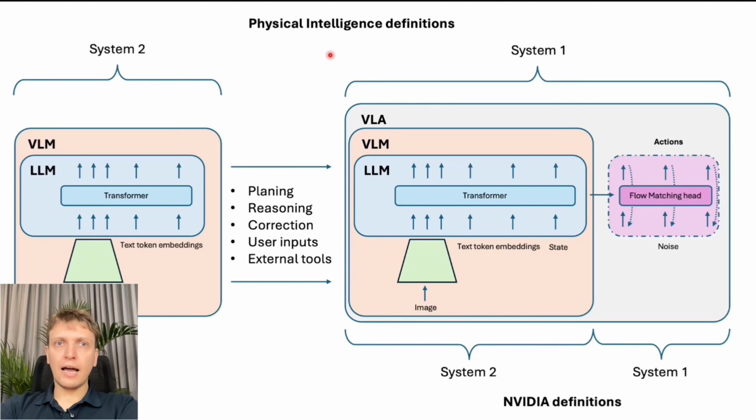Saying that, as far as I understand, based on the NVIDIA demos and some presentations, they do internally have something very similar to what I call system 2 here, because they did show some demos. They do have some reasoning model that generates some future steps and so on and so forth. But again, it's not what is released as GR00T VLA. It's a separate thing that is probably at some research stage currently.